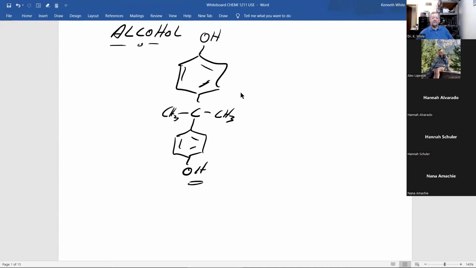Notice here and here, and you don't have to write this down, they're hydroxyl groups on carbons. This is called a diol in general, but this has a special common name called bisphenol A, as a trade name. And the bis means two. See one there. And this is the A part.